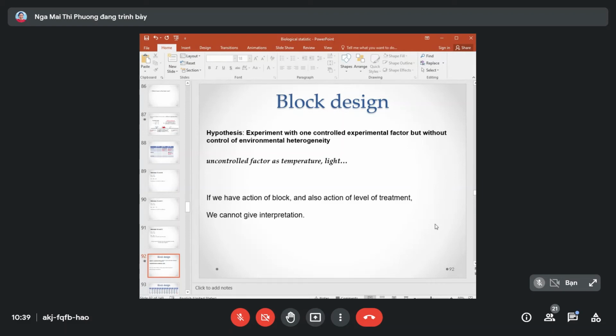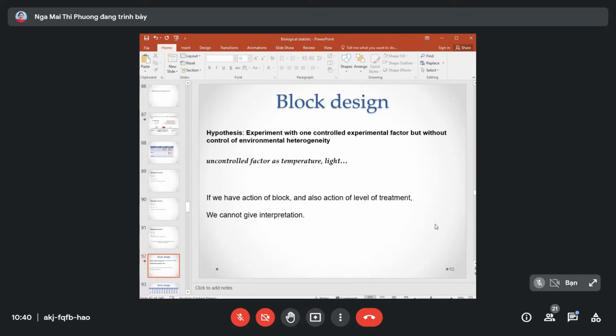You can imagine we do the experiment at different times. We repeat the experiment at different times, maybe in different rooms, different months in the year. So the environmental factors may be different, right?